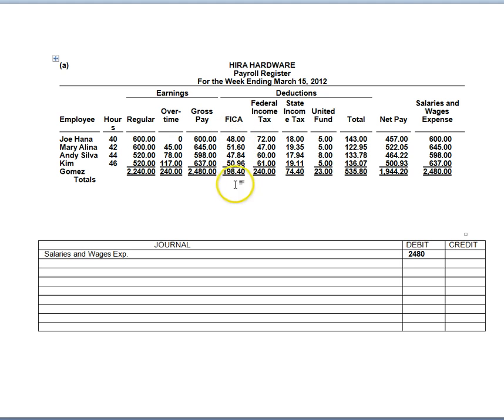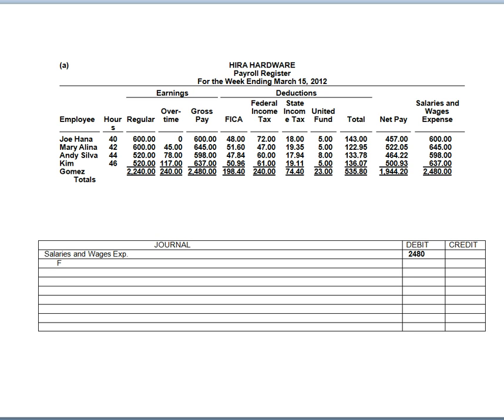They don't break it down, unfortunately, between the OASDI and the Medicare, but if they did, in reality we would split the liabilities. Just consider this a condensed version.